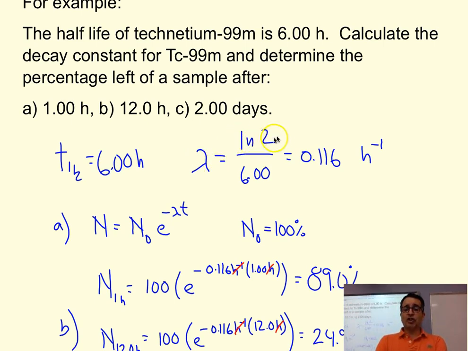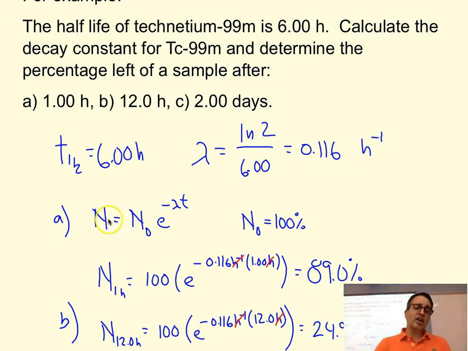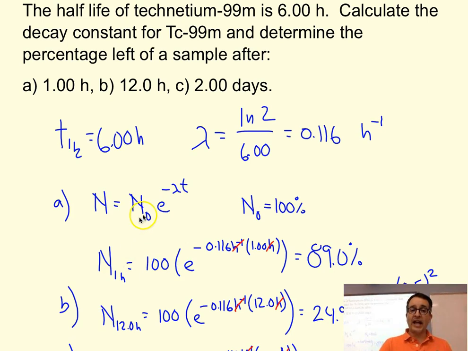Lambda is equal to the natural logarithm of 2 over 6 hours, which gives us this particular value, 0.116 hours to the negative 1. 1 hour is a fraction of that half-life, so it's not particularly easy to determine. So we just go ahead and use our equation, enter all of our values in there, and we get that about 89% is left over after 1 hour.